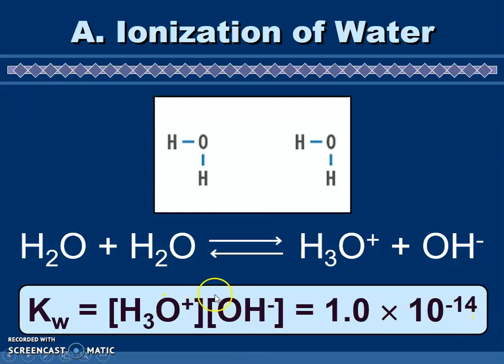So if you know one of these, you can calculate the other from this equation. Each of these within the brackets means the concentration of this, concentration of this.